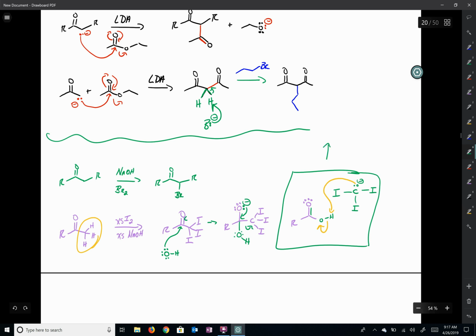So really, our answer is that we end up forming the carboxylate, which is important to recognize. We have our tetraiodomethane here, and then we just plucked our green hydrogen from our carboxylic acid there.